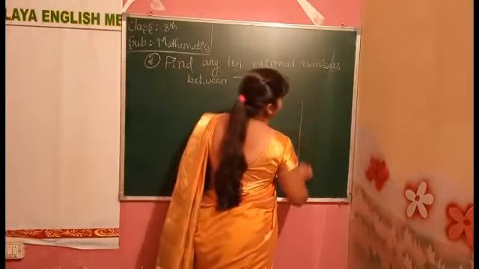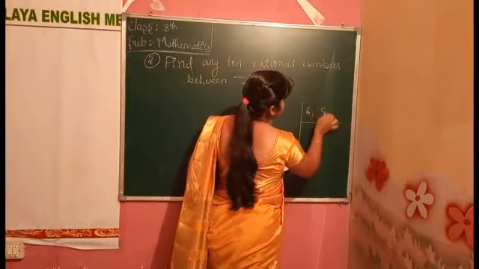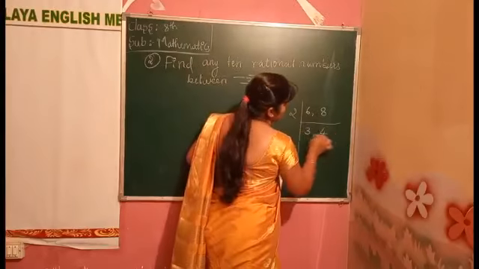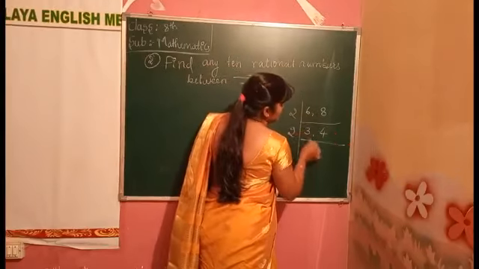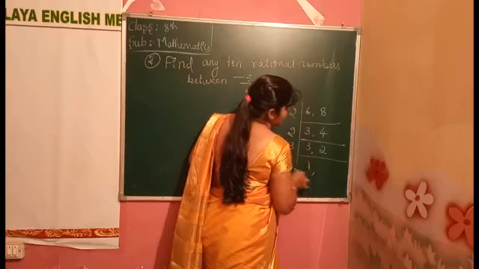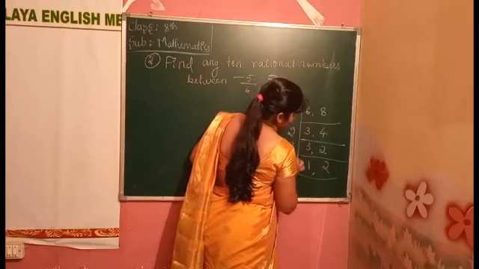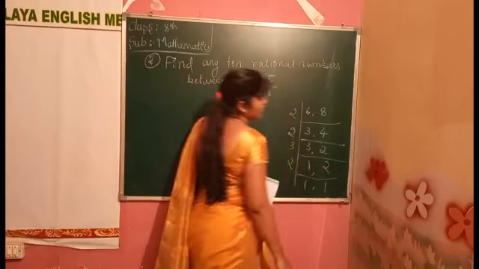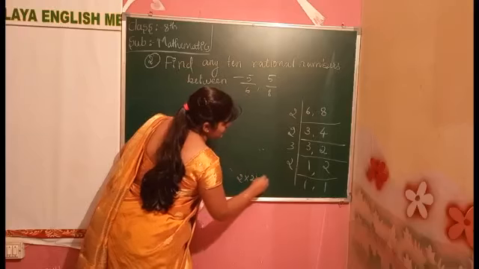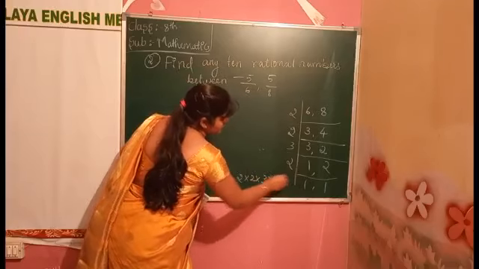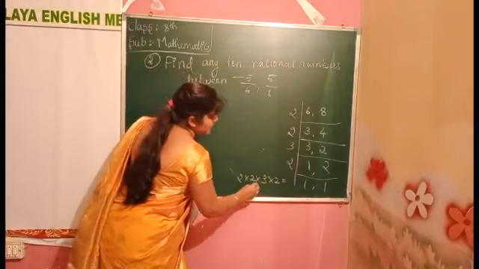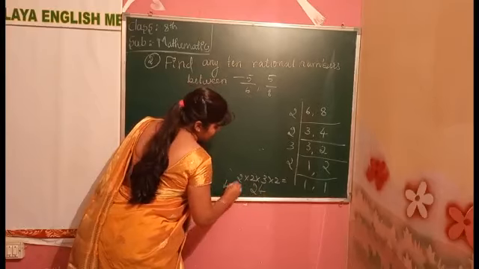We have to find the LCM first, children. 6 and 8. 2 3s are 6, 2 4s are 8. After that 2 2s, 3 1s, 2 1s. Multiply now: 2 into 2 into 3 into 2. 2 into 2 is 4, 4 3s are 12, 12 2s are 24.